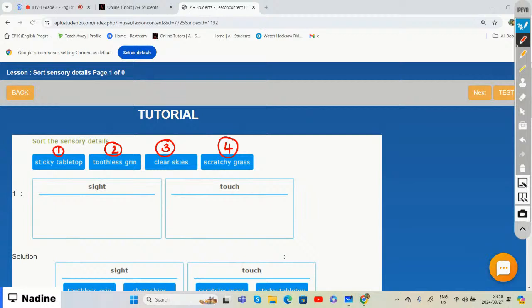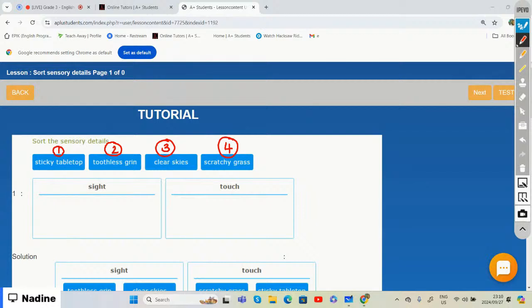We need to sort out two under things that you can only see but you cannot touch, and then two under things that you can touch. So, what are the words that you can only see but you cannot touch?